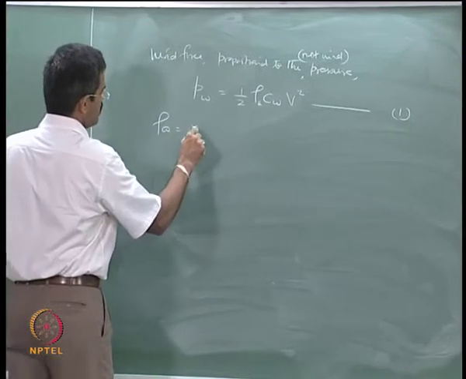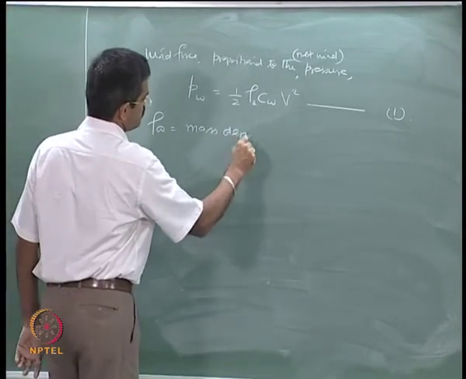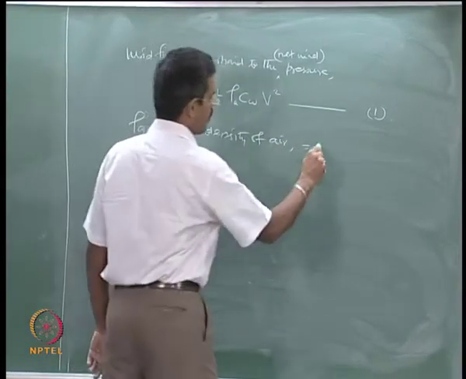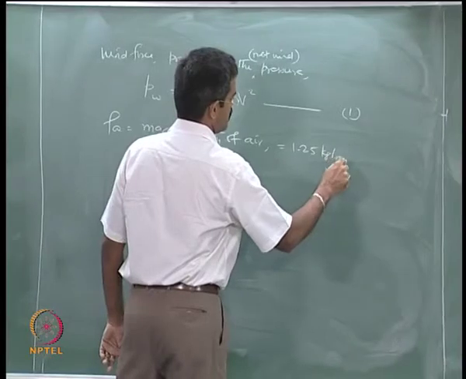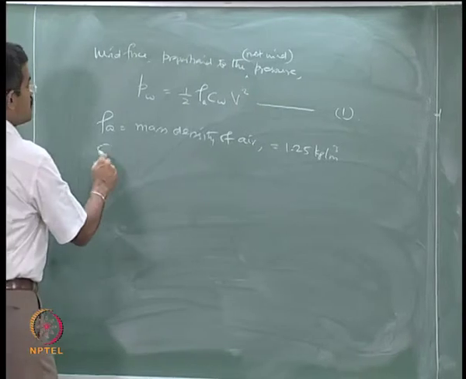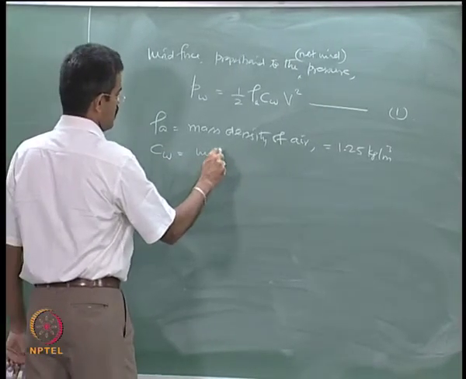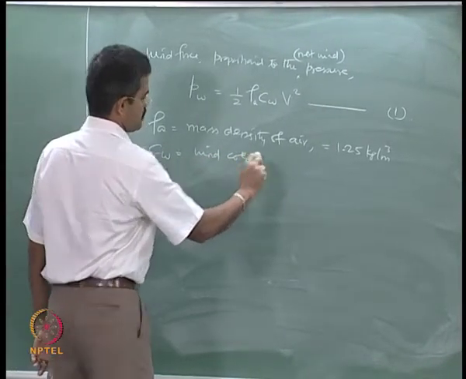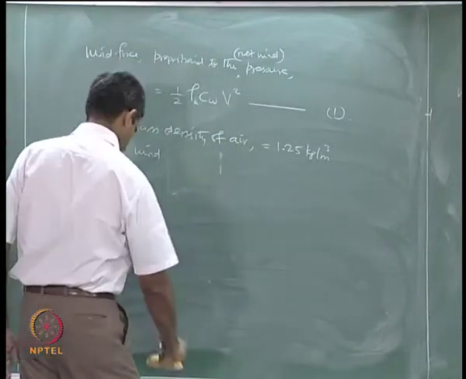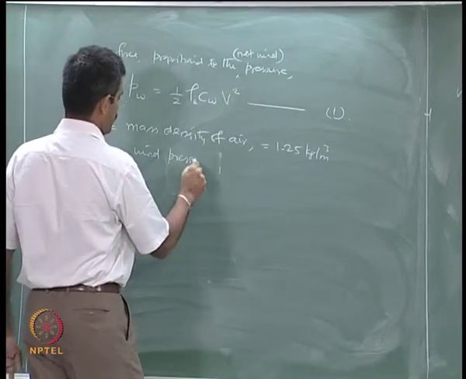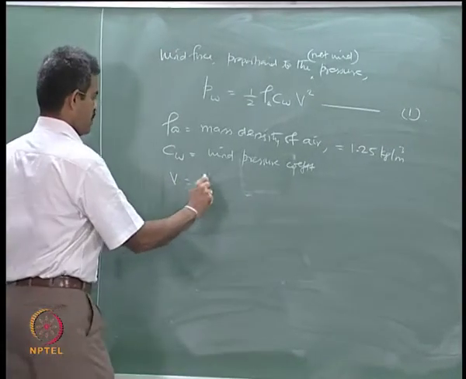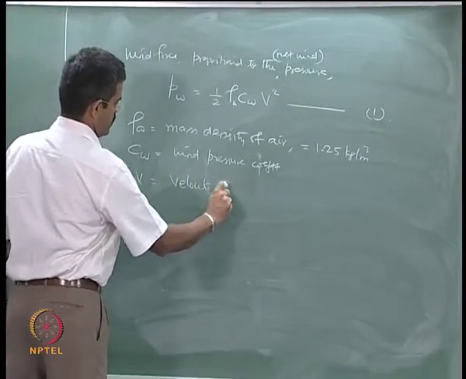Rho A is the mass density of air, which is 1.25 kg per cubic meter. Cw is the wind coefficient, I should say wind pressure coefficient, and of course V is the velocity of wind.